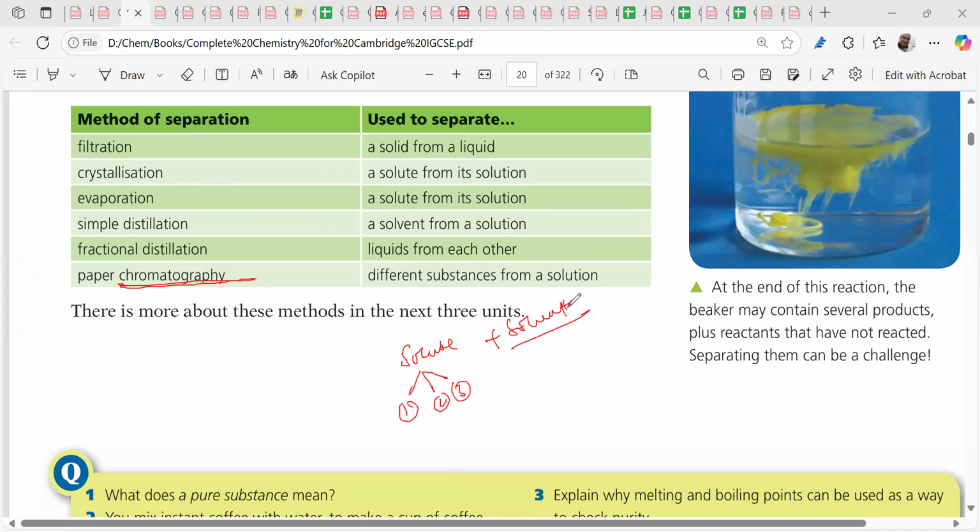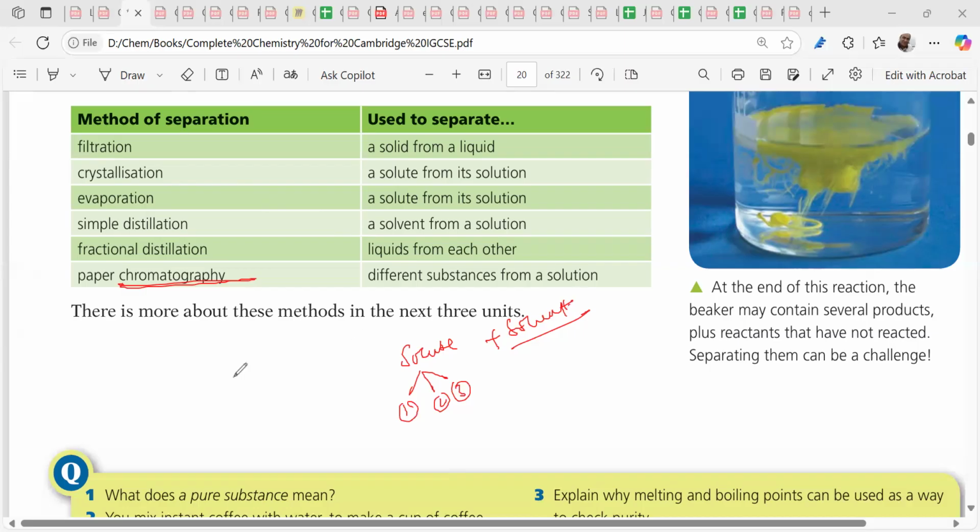In chromatography, we get a special case where there is more than one solute mixed in the solvent. So chromatography is the process by which we separate out different substances from a solution. In all these examples with NaCl and water, only one solute was there. But in chromatography, we separate out different solutes from a solvent.